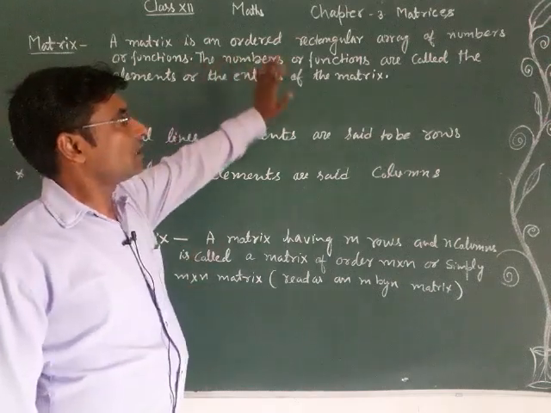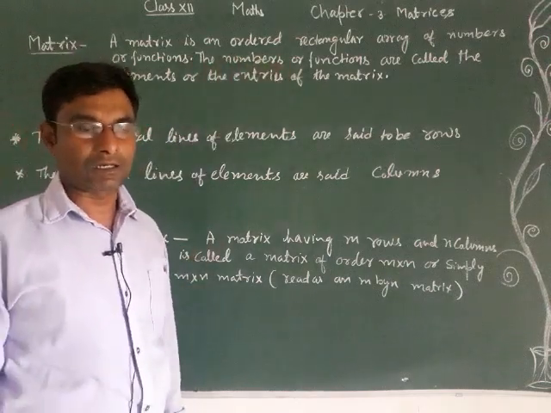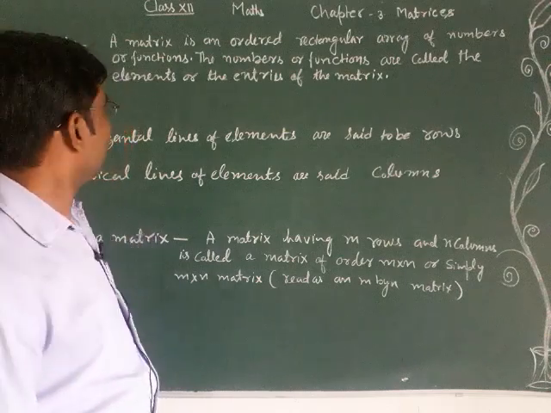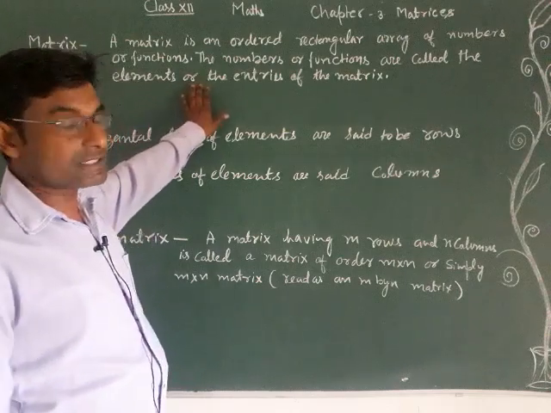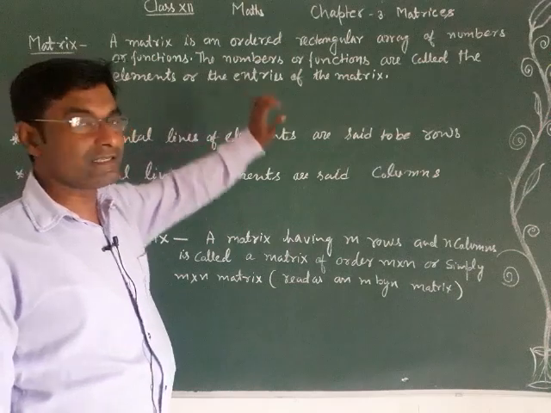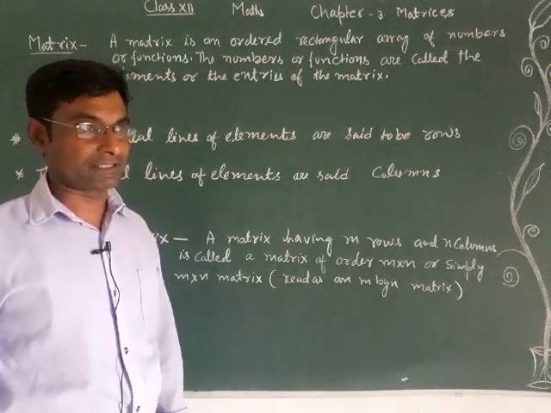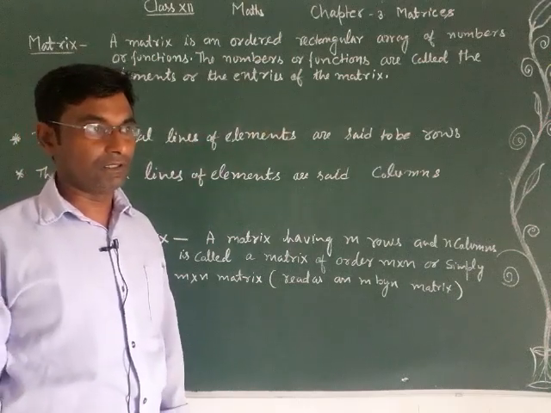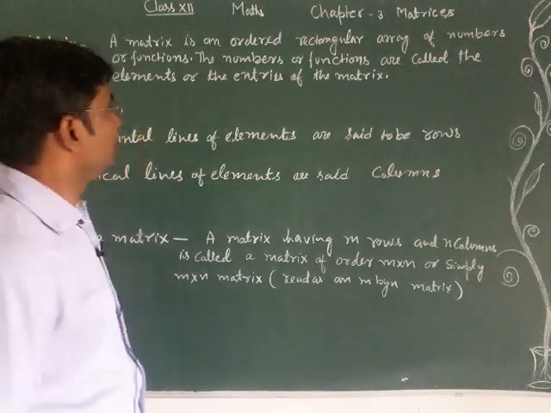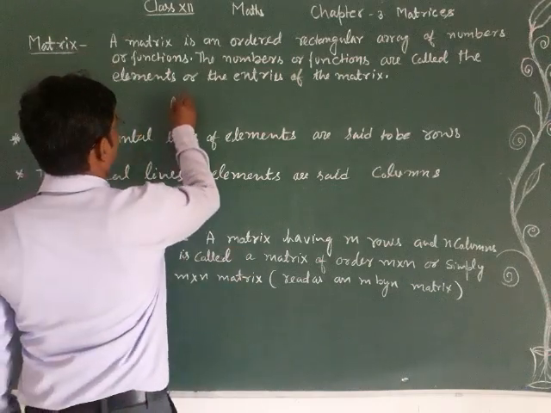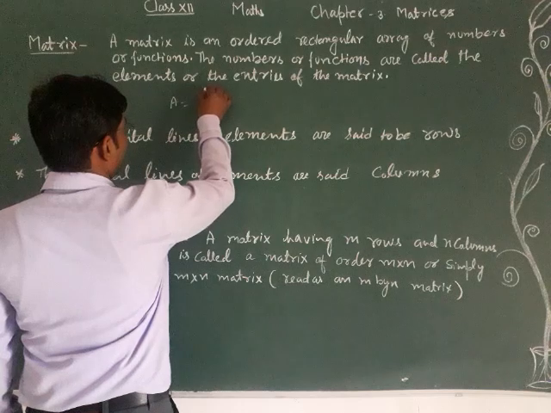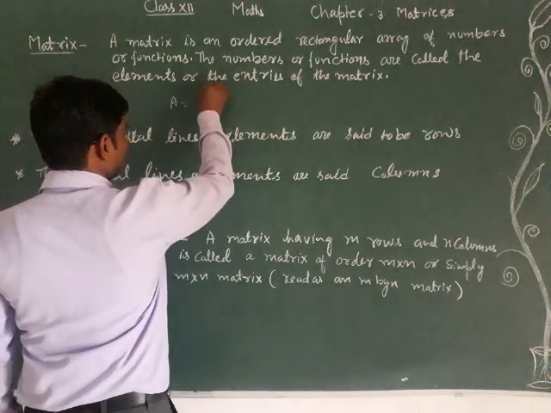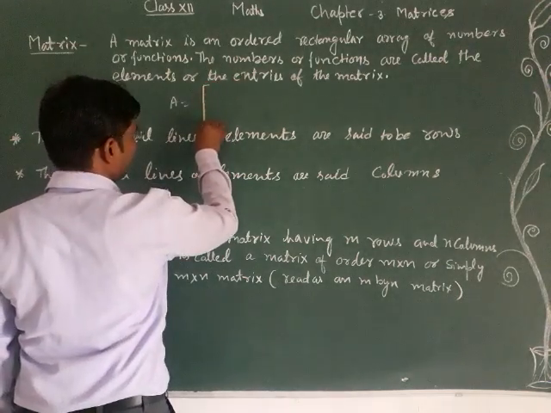The numbers or functions are called the elements or the entries of the matrix. For example, a matrix is denoted by a big bracket.